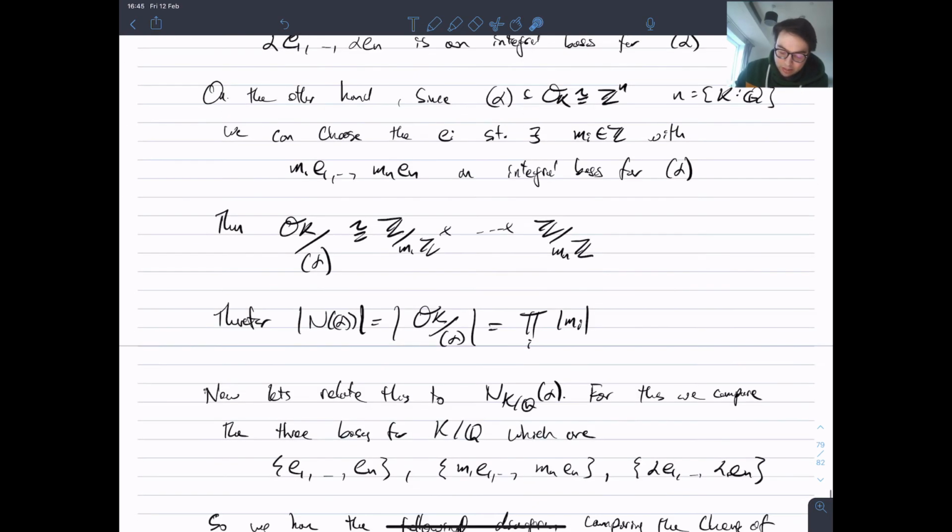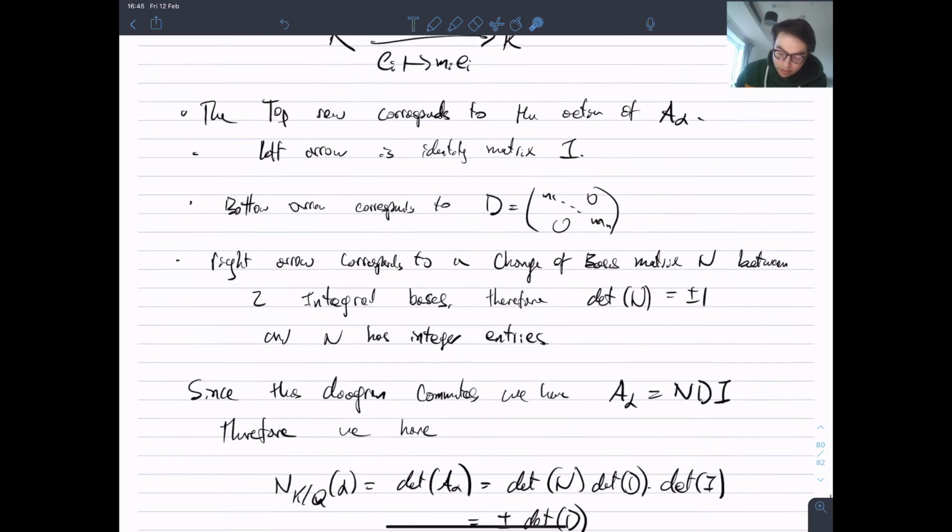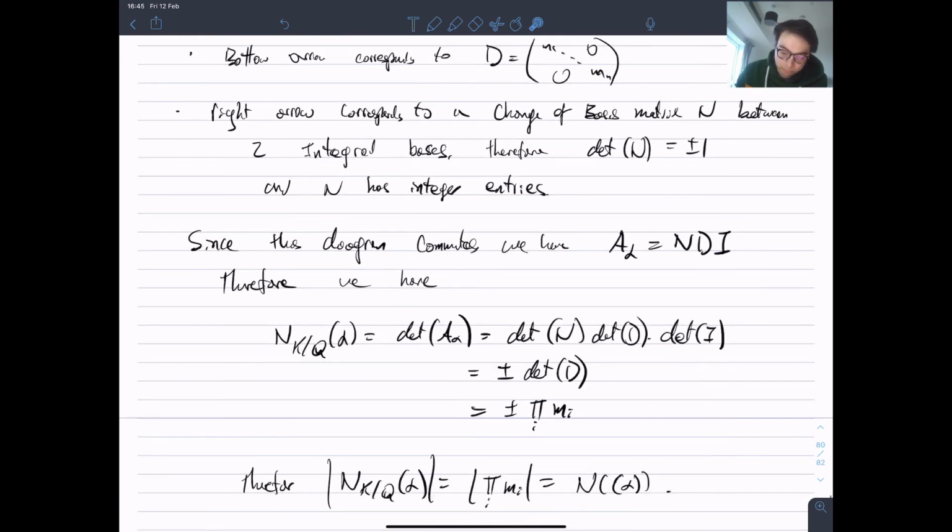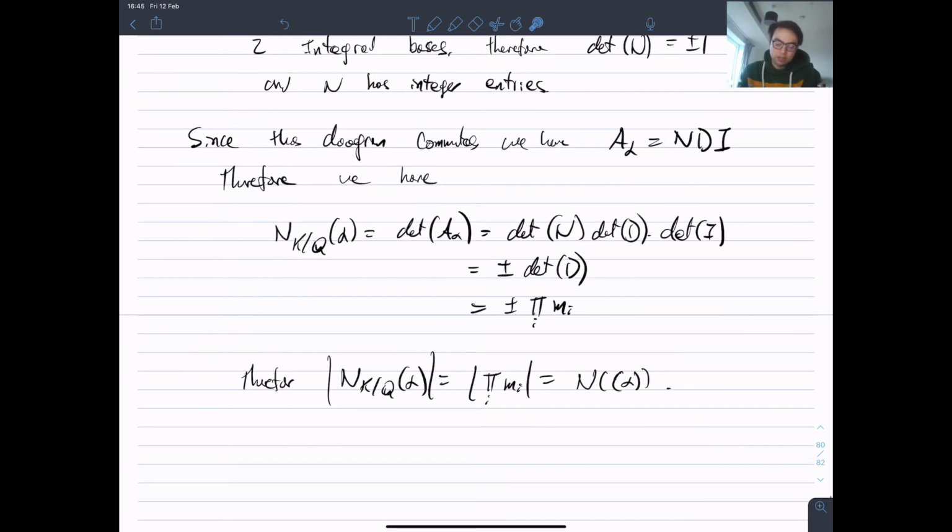The absolute value is because I need to get rid of the plus or minus 1. Great. So this is maybe the best reason why the norm of an ideal is called the norm. It's because when you take the ideal generated by a single element, it coincides with the norm of the element up to sign.